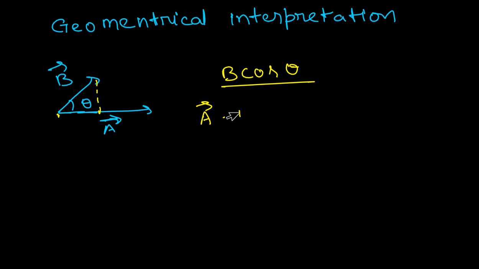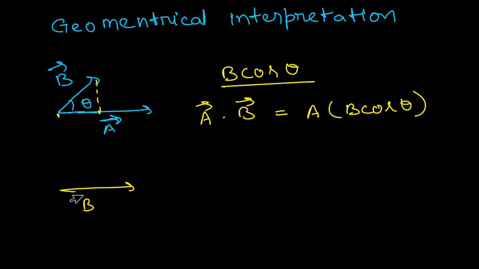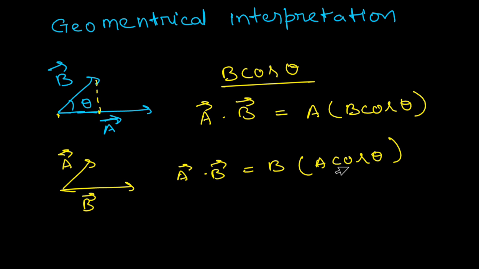So vector a dot vector b is equal to magnitude of vector a into b cos theta, which is the projection of vector b in the direction of vector a. Now we can also obtain it like this: this is vector b and this is vector a, and vector a dot vector b is equal to magnitude of b into a cos theta, that is magnitude of vector b into the projection of vector a in the direction of vector b.